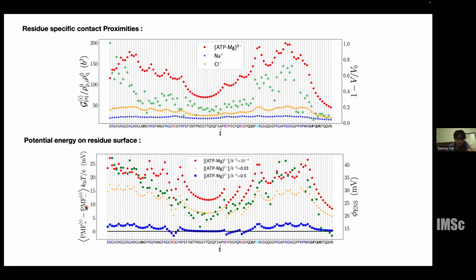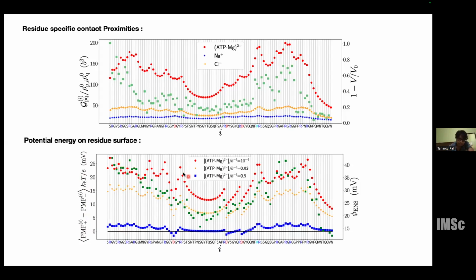We basically introduced a very small amount of positive and negative charges in the original system, and then computed the relative difference between the potentials of mean force of the positive and negative test charges. From that, we can compute a potential energy for each residue.